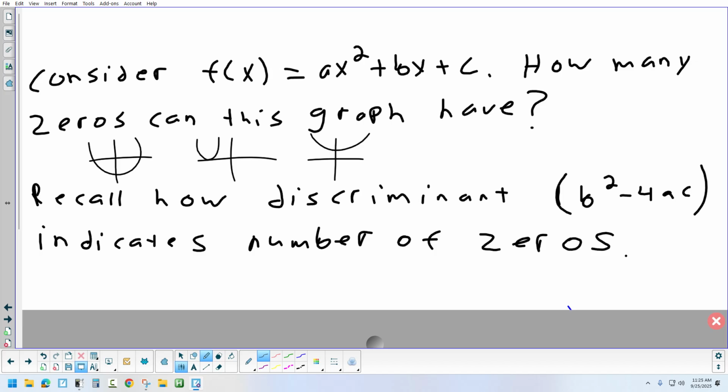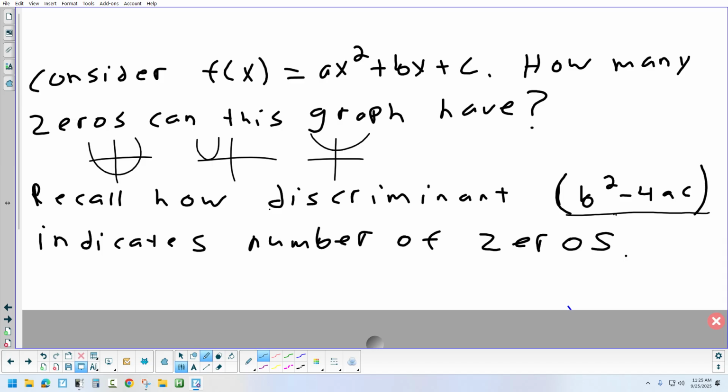And at the end of class yesterday, we talked about how b squared minus 4ac is a quick way to check how many times it crosses. Remember, this can come out to a negative number, a positive number, or 0. And those are your 3 cases.